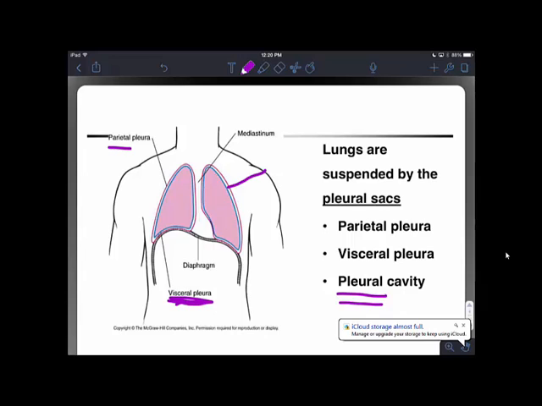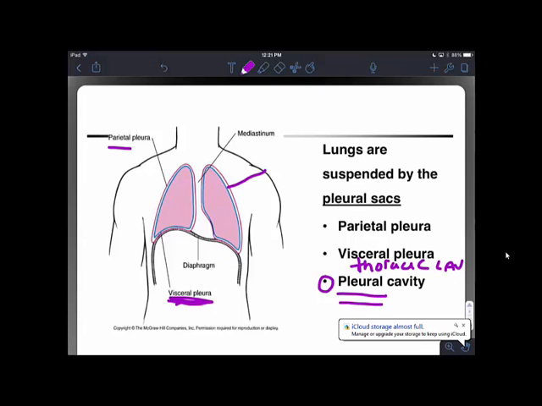So again, it's important to know that the lungs themselves are not attached to the walls of the thoracic cavity, but they are held to the walls with this suction which is within the pleural cavity. Okay? So the parietal pleura is attached to the thoracic cavity.